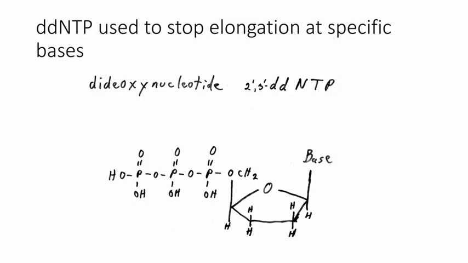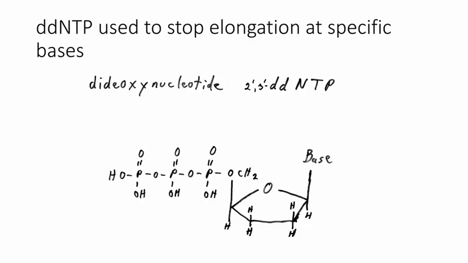Another nucleotide that is used is a dideoxynucleotide. Remember, a regular nucleotide is a deoxynucleotide, but a dideoxynucleotide is missing both oxygens, not just one, so it is unable to have another base added to the 3' end of it.